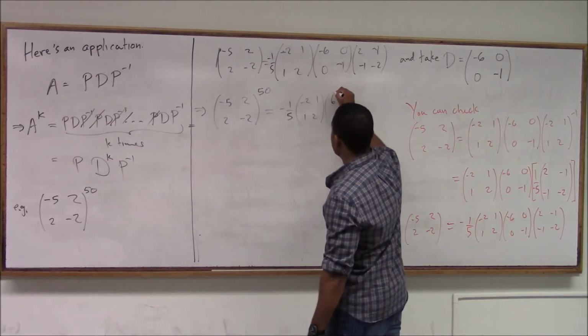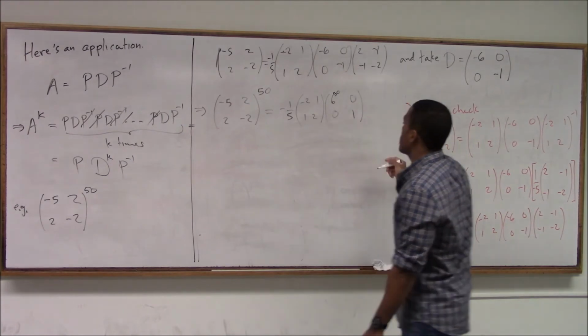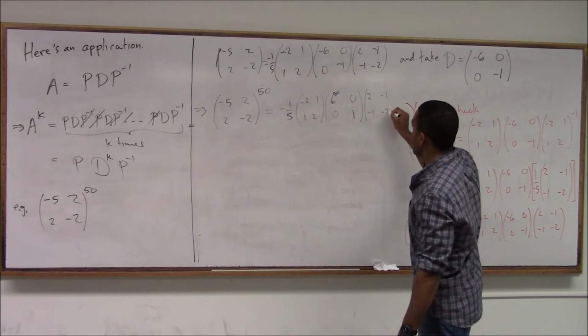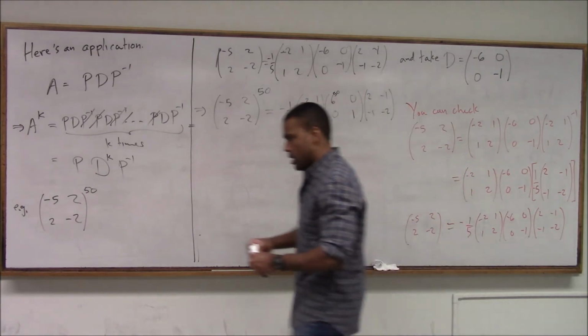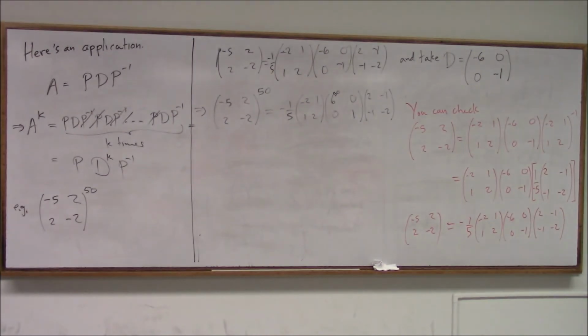So that'll be 6 to the 50, 0, 0, 1, and [2, -1; -1, -2]. And you multiply those 3 matrices, that's the same as taking the 50th power of the original.